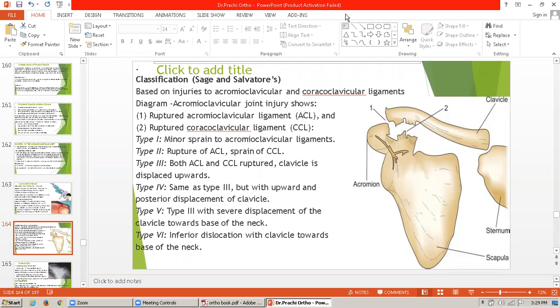In type 5, type 3 with severe displacement of the clavicle toward the base of the neck. And in type 6, there is an inferior dislocation of the clavicle.